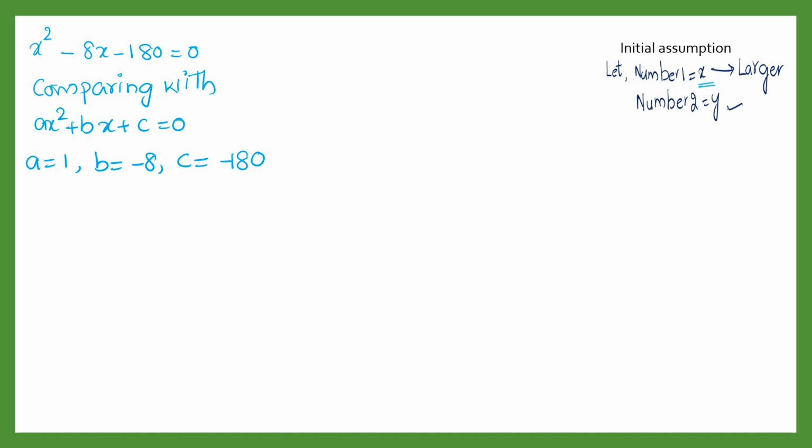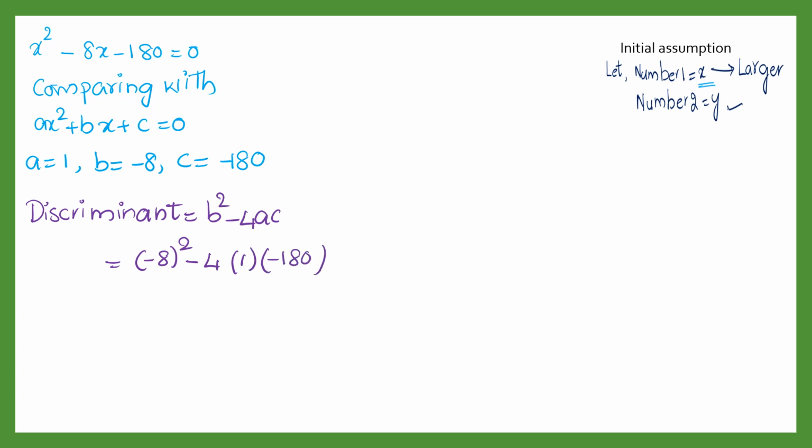Now let's find discriminant first. Discriminant is b square minus 4ac.